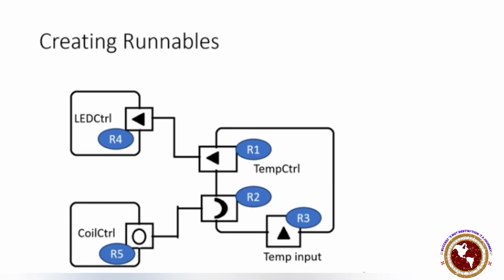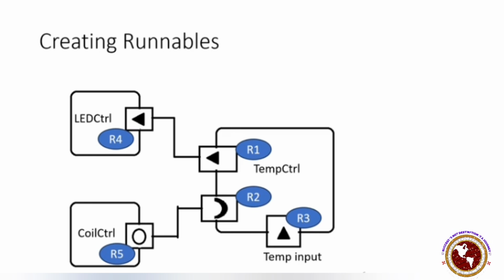So at the top, as we know, the application layer consists of the software components. So what are these software components? The software components are nothing but the .c files. These software components consist of runnables.